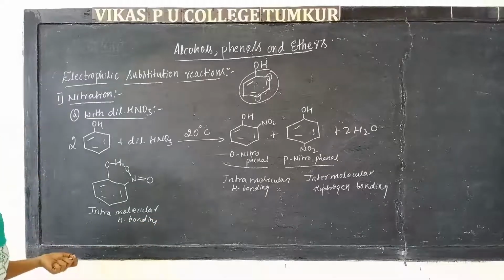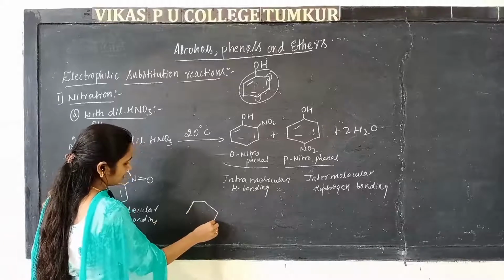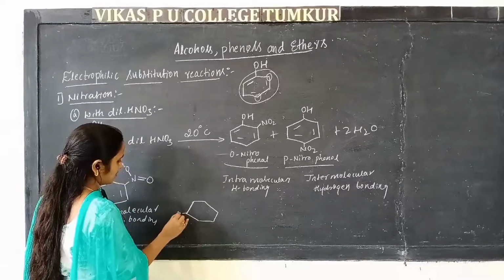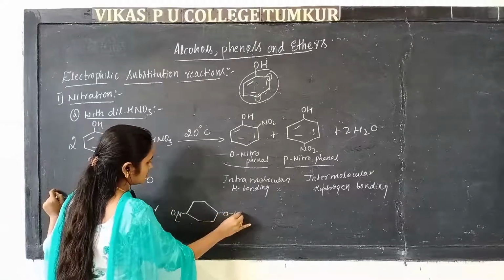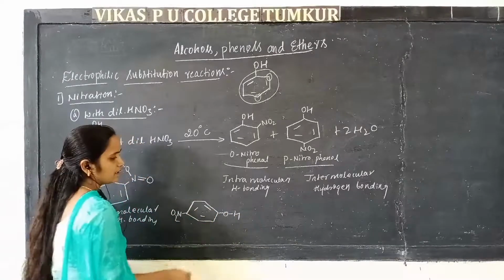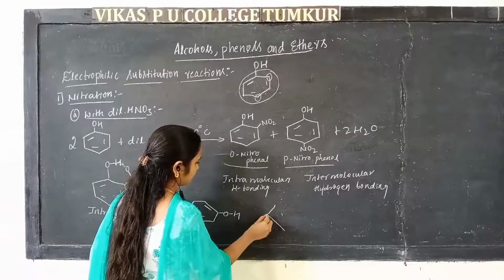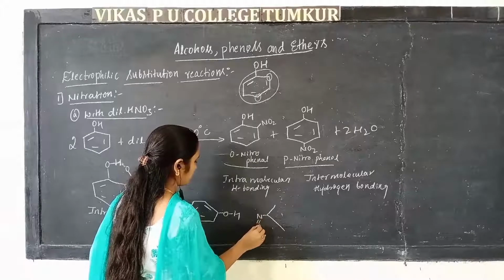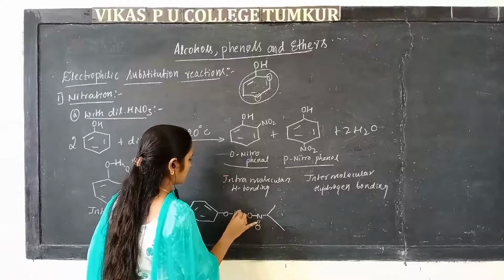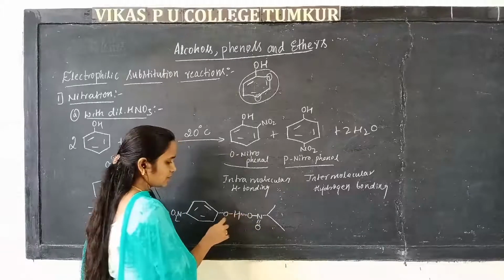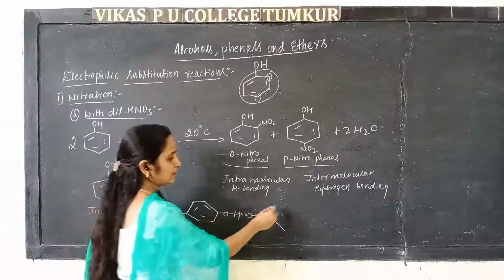In para-nitrophenol, if you take the NO2 group and then the OH, there is another molecule present, with nitrogen double bond O, then O. The hydrogen bond forms between the hydrogen of one molecule and the oxygen of another molecule.